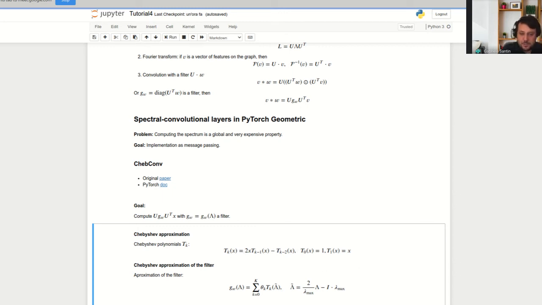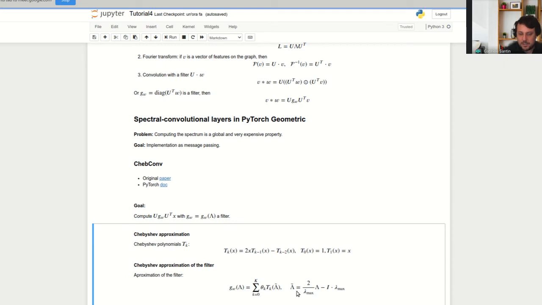And there is this property, proven in another paper from 2009, an approximation property of the filter. Sorry, here it's not equality, it's approximation. Essentially it's possible to approximate functions of the diagonal matrix of the eigenvalues of the graph very well in this way: as an expansion of Chebyshev polynomials applied to lambda tilde, multiplied by some weights theta k, and we need to compute this theta k.